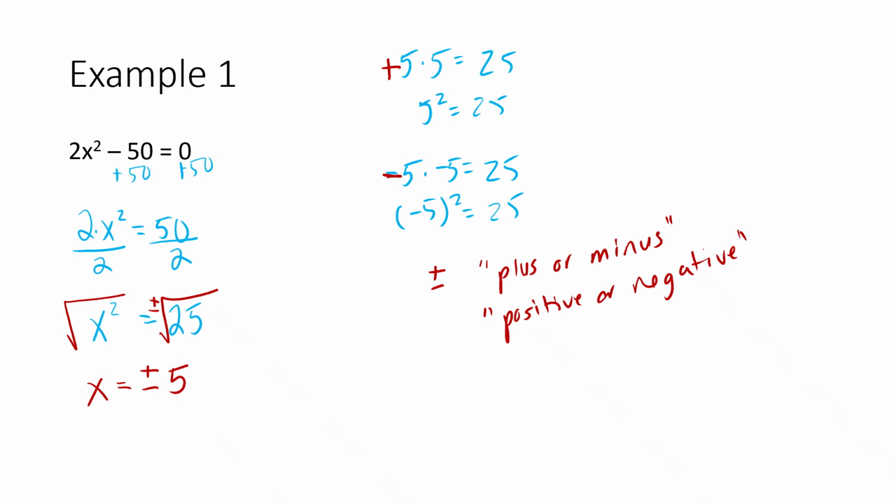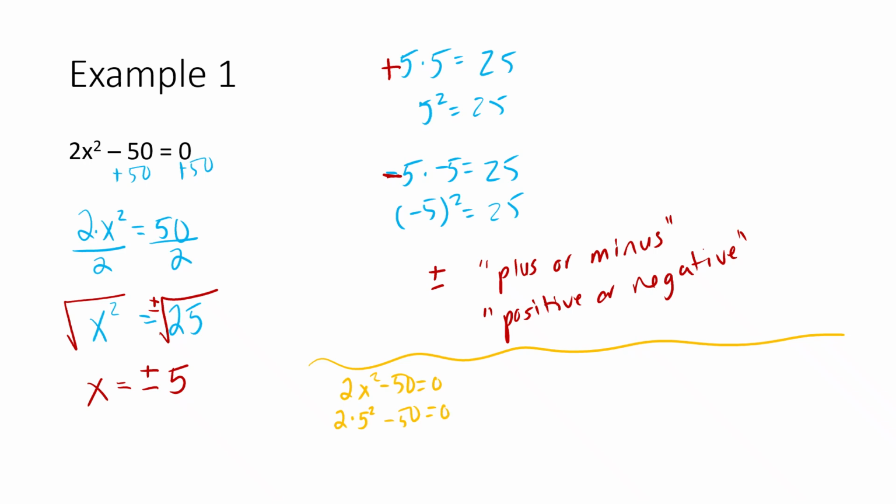5. Now, if you're still not sure, like you're a stranger from the internet and I don't know if I trust you, we could always go back to the definition of a solution. We're looking for the values of the variable that will make the equation true. So if I go in here, and this was my original equation, and I plug in a 5, now we fall back on order of operations.